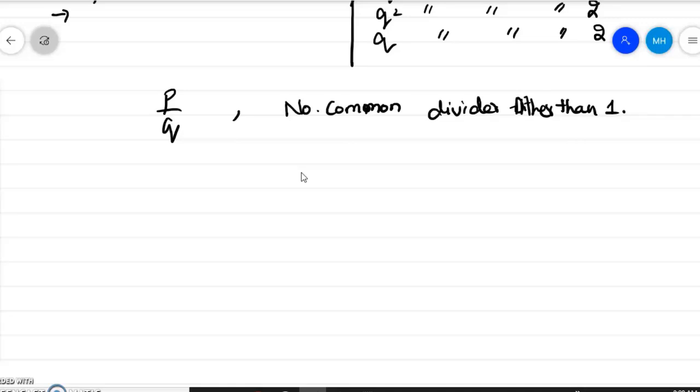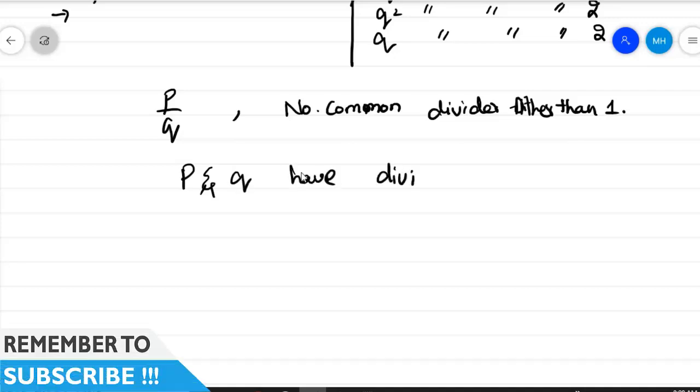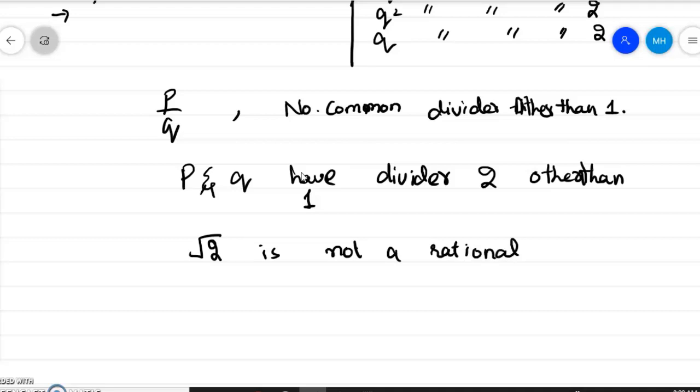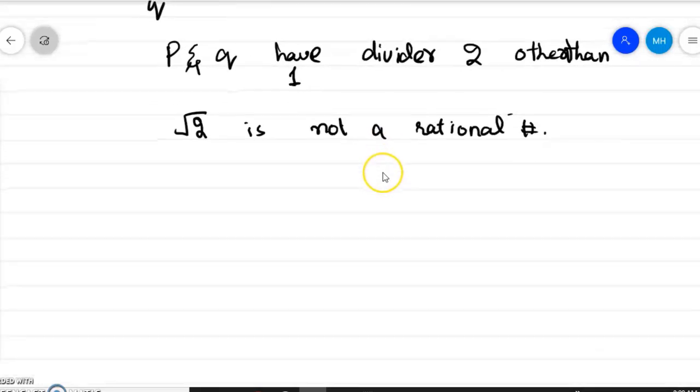But here we can see that p and q are both divisible by 2, other than 1. So it means square root of 2 is not a rational number. And a number which is not rational comes in the category of, yes, right, irrational. Square root of 2 is an irrational number.